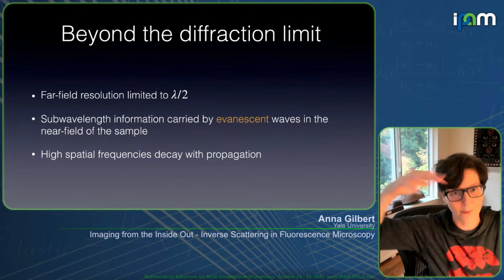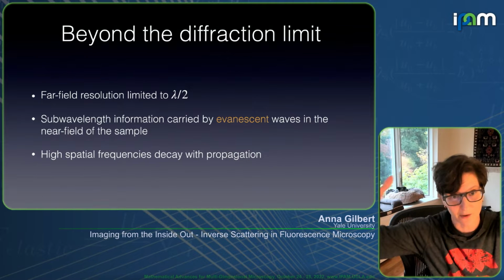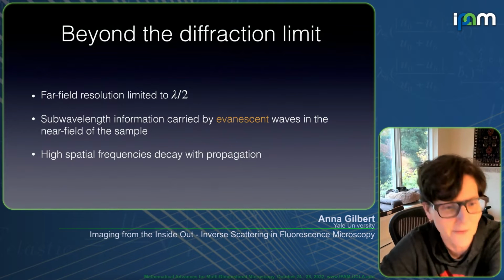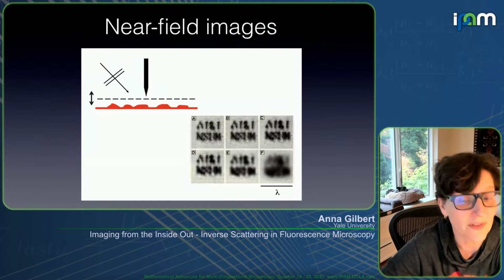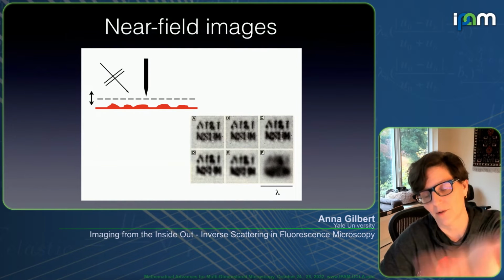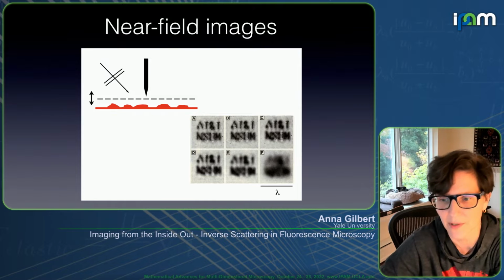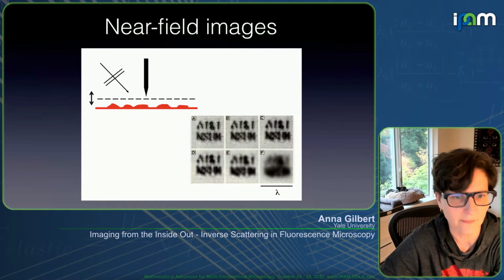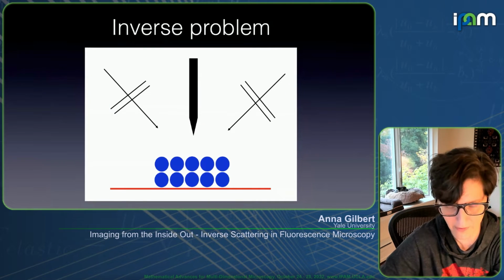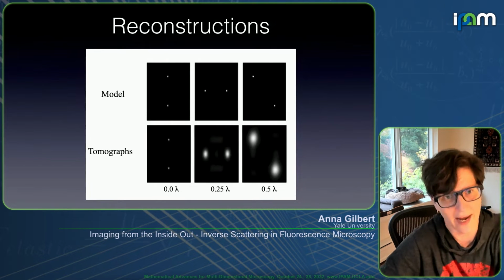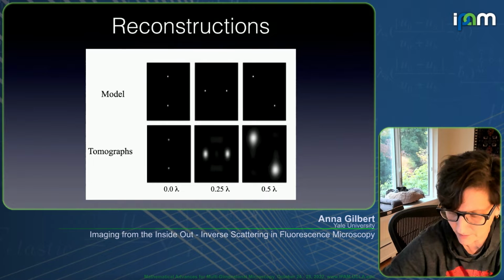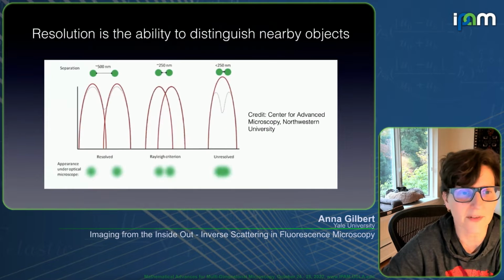Okay, so I'm going to wiggle my fingers. The evanescent waves are the ones that die out in the near field of the sample, and you can do some image reconstruction. So this is from some of their papers. So here are some more image reconstructions at the various wavelength scales.